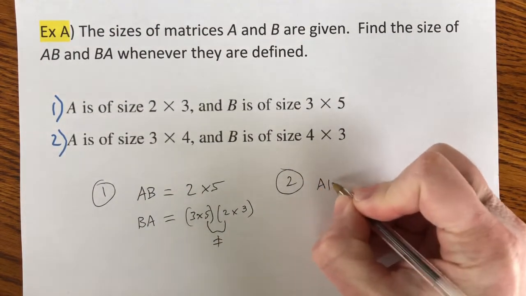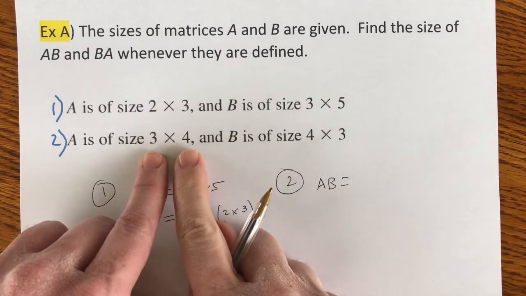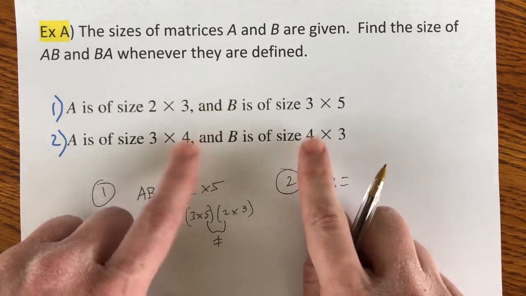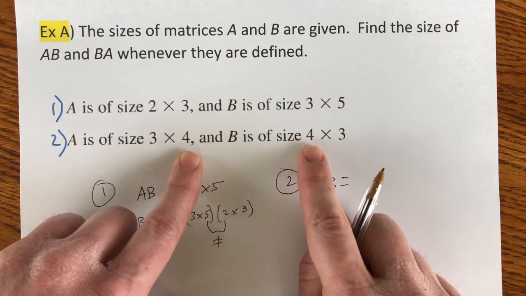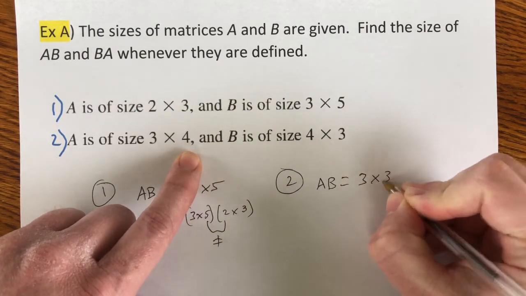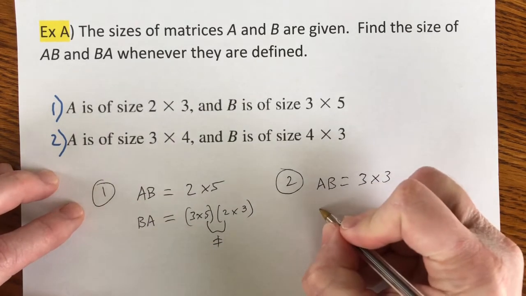let's see if we can handle this product AB. Well, 3 times 4, size of A, 4 times 3, size of B. Yes, because the two interior numbers are the same. The resulting size would be the two exterior numbers, 3 by 3. All right, what about BA?